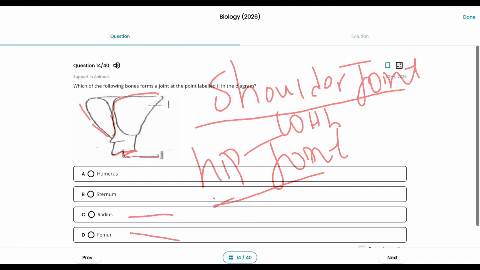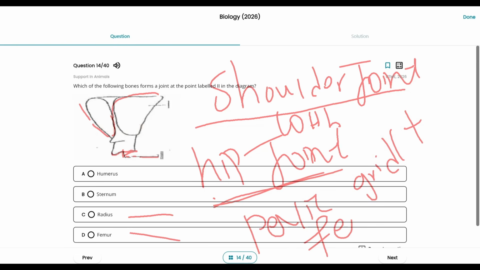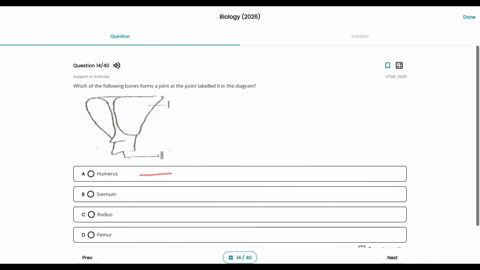This hip joint is equal to the pelvic girdle plus the femur. Why? This one is the scapula and the glenoid cavity. So the correct option here is option A, which is the humerus.